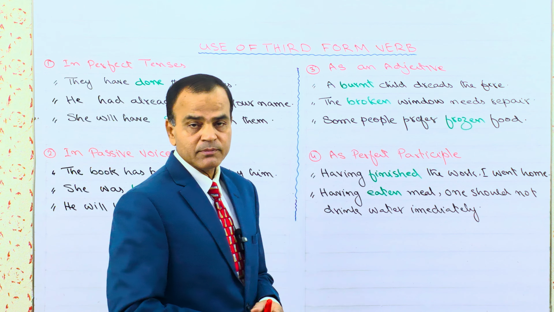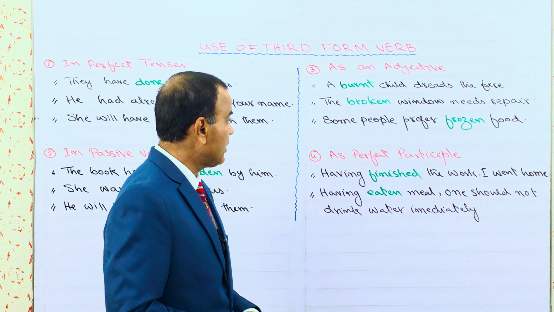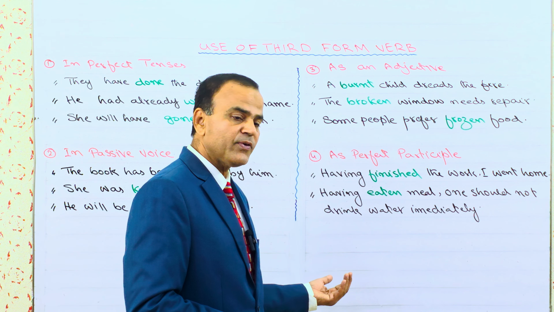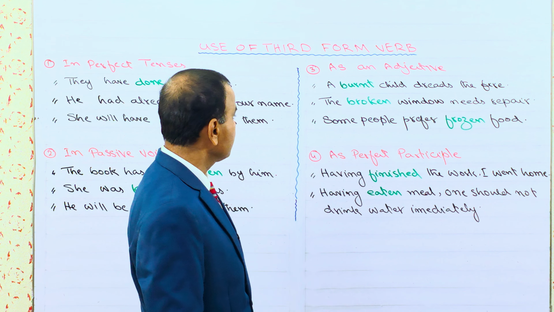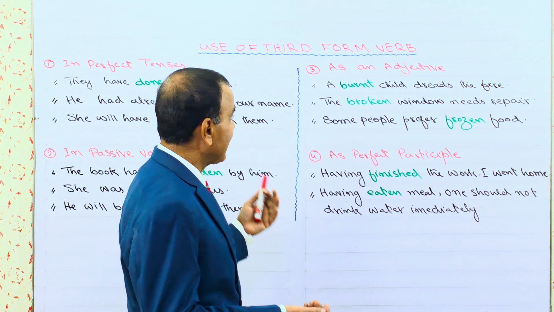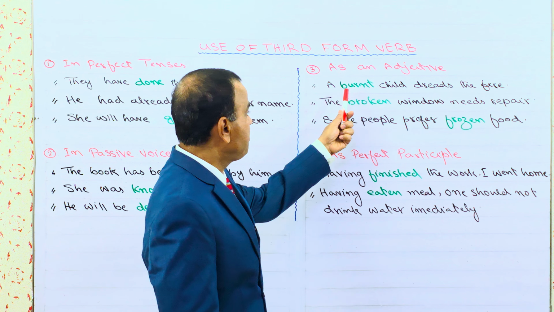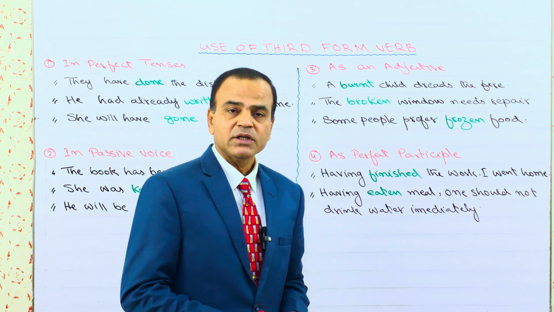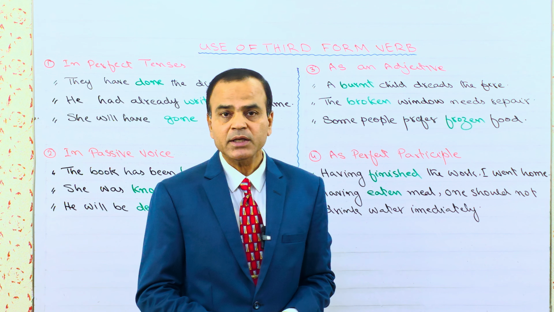Let's have a look at the third form of the verb where it is being used for qualifying a noun and as an adjective. I'm starting with a very common saying, that is a burnt child. Here burnt is the third form of verb burn.